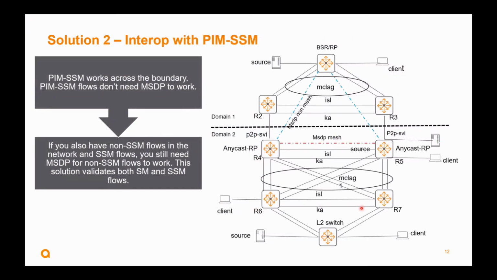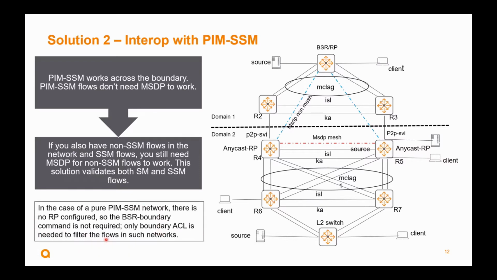Now, solution 2, interop with PIM source specific multicast. First things first, if it's a pure PIM source specific multicast network, there's no rendezvous point, right?